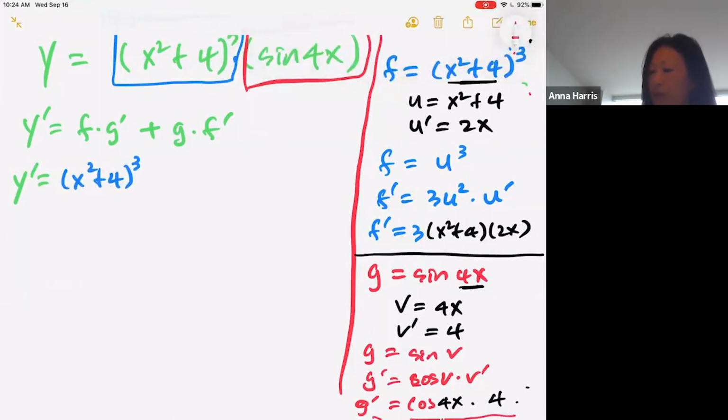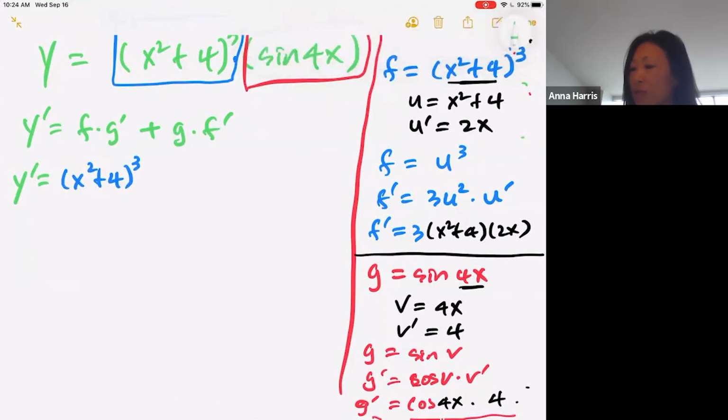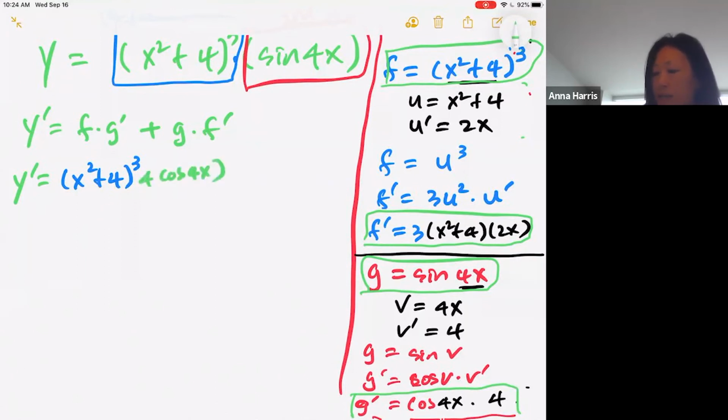So if you are confused, I want you to highlight it so you know which one you're really looking for. This is the one you're gonna use. So g prime is, can I put the 4 first? It'll be 4 cosine 4x.